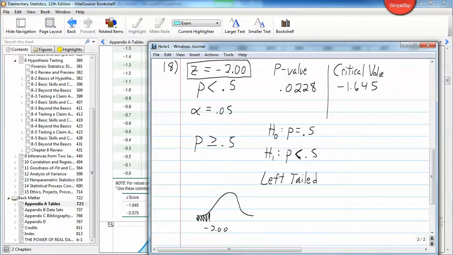If the p-value is greater than the significance level, then that means that we fail to reject the null hypothesis. If the p-value is less than the significance level, then you reject the null hypothesis. So, is this greater than or is this less than 0.05?